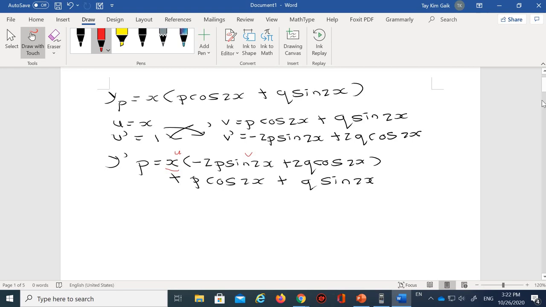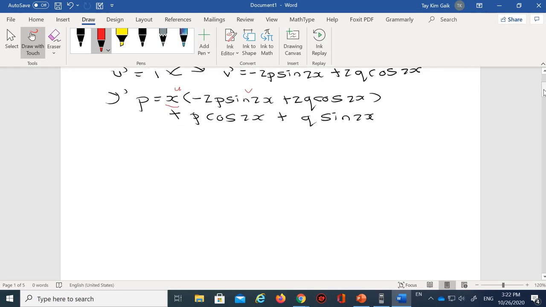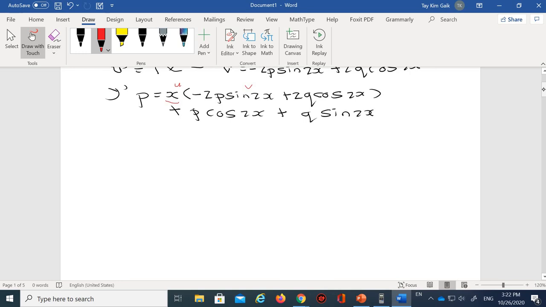again you have u is actually your x, and then your v is actually negative 2p sin 2x plus 2q cos 2x.